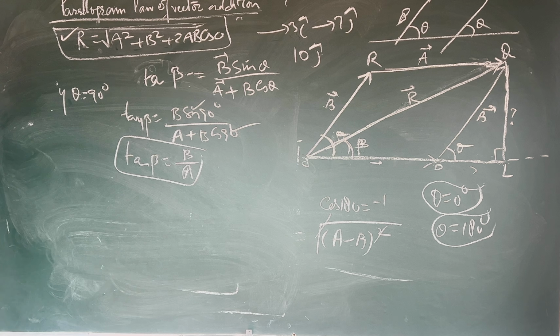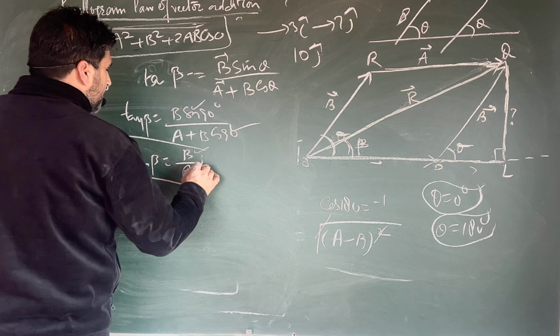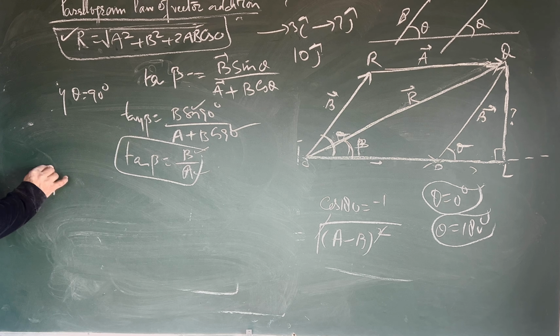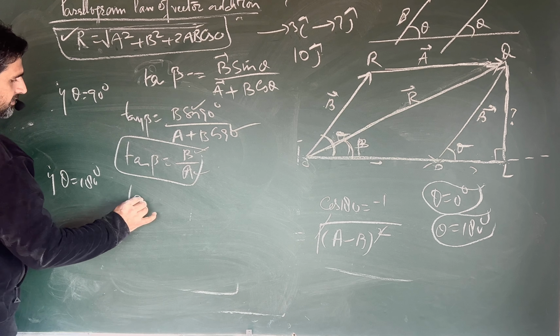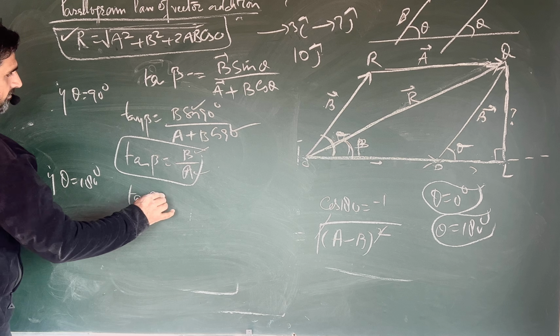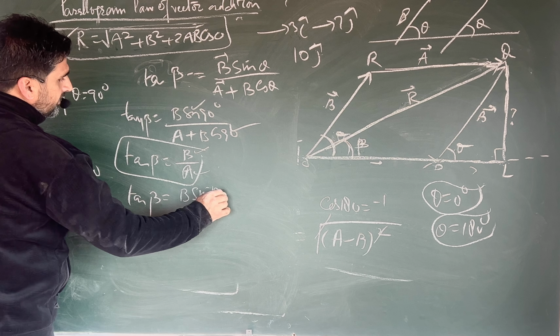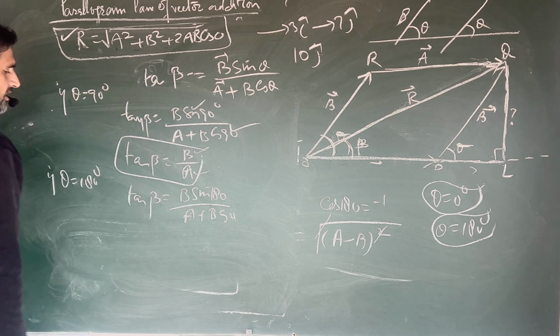So the direction is simply the perpendicular vector divided by the horizontal vector. So if theta is 180 degree, then tan beta is equal to b sine 180 degree divided by a plus b cos 180 degree. It's again 0.